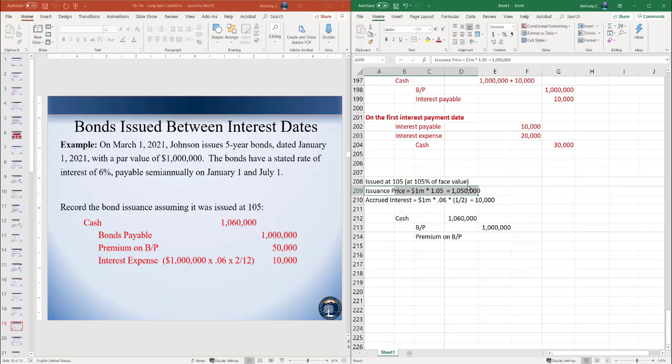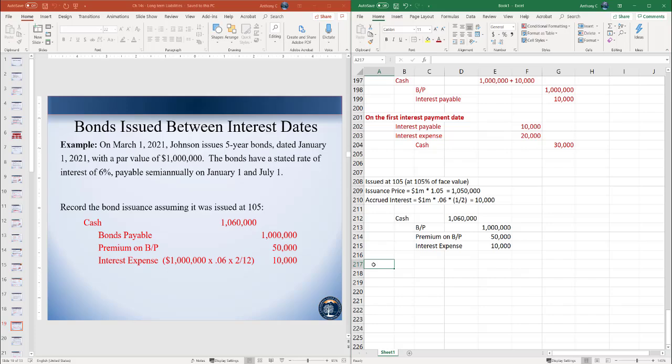So 1,050,000 minus 1,000,000 gets us to 50. And then the last credit here is the interest expense, which reflects the accrued interest from January 1st out to the issuance date of March 31st. Okay, and that's your journal entry if your bond is issued at a premium.